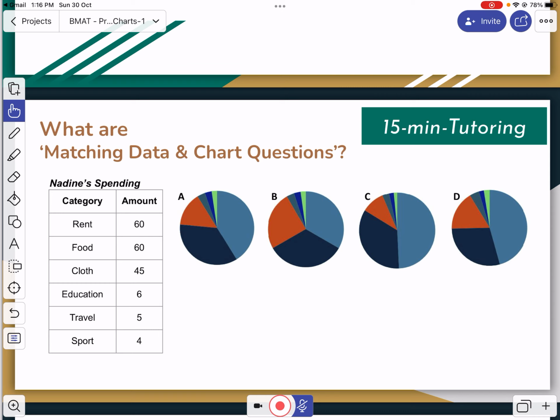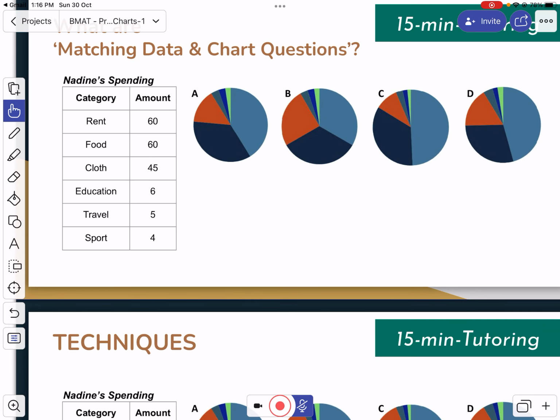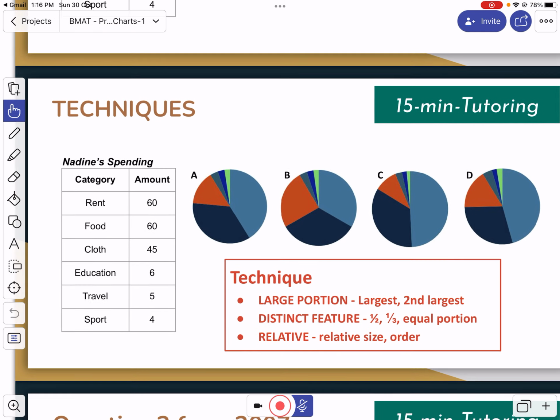And for BMAT, that is not okay, since for each BMAT question, you need to try to finish it in under a minute and 30 seconds, or perhaps 2 minutes. So, the technique I'll be giving you is a technique we use to speed up the process, to help you select the correct choice in the least amount of time.